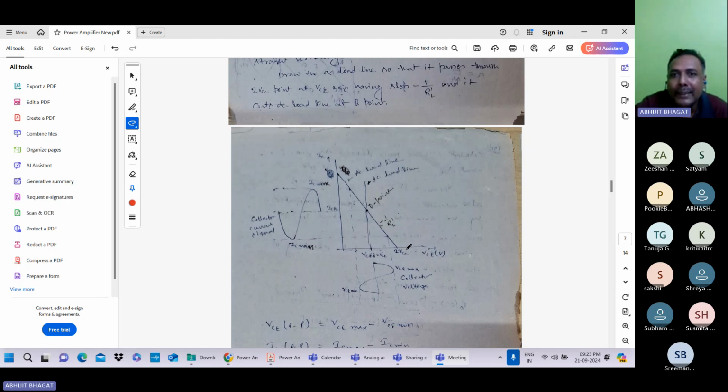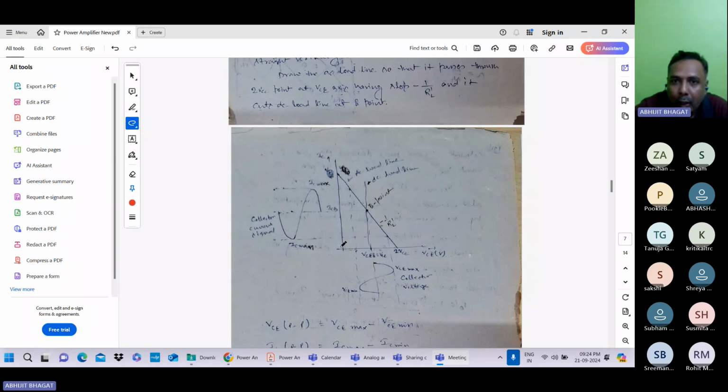VCC is the input DC voltage or power supply voltage, and this axis is cut at 2 VCC. Just one thing changes here. So this is the 2 VCC. Next, from the Q point we draw the perpendicular on the y-axis. This point is ICQ, same as before. From the Q point we draw the perpendicular. It is VCEQ.